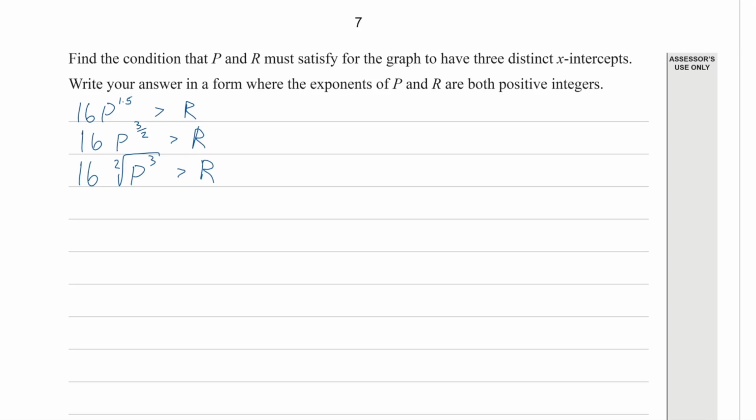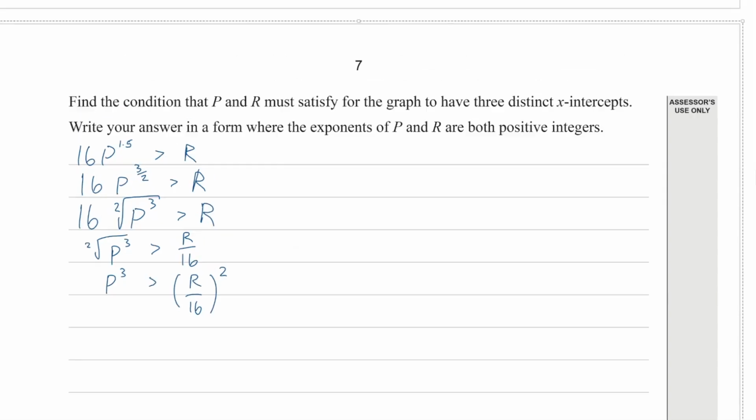We could divide both sides by 16. And finally, we could square both sides, right? So that would eliminate the square root. So p to the power of 3 is greater than r over 16 all squared. And so we have an inequality, right, or a condition relating p and r. The exponents are positive and they're integers, right, 3 and 2.